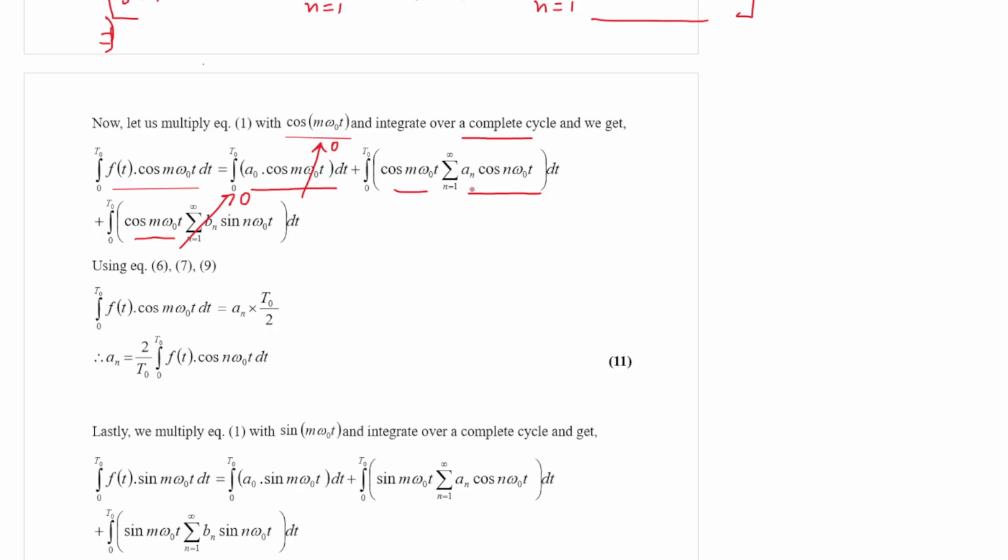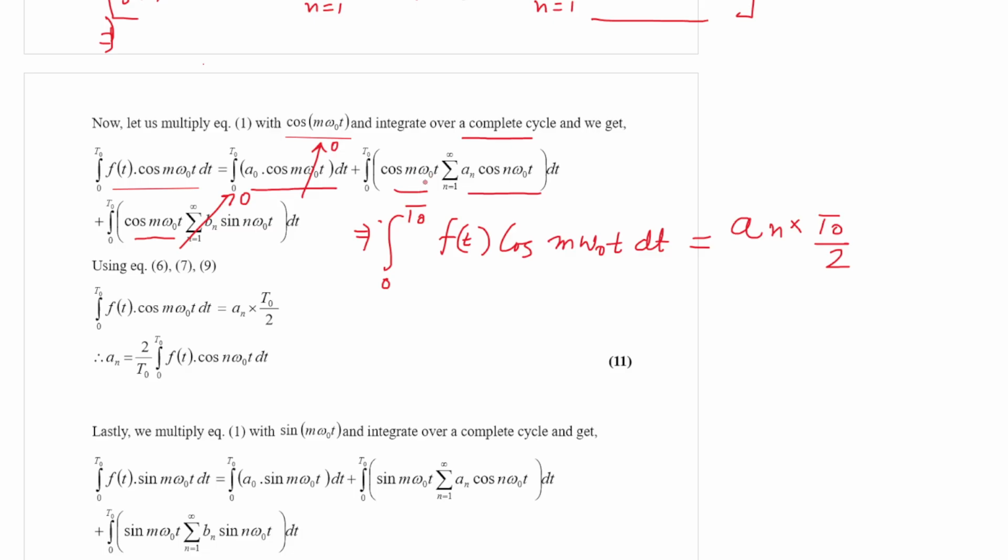Other than that, everything will be 0. So this equation can be written simply as the integration 0 to T0 of f(t) cos m omega naught t dt is equal to an into T0 by 2.